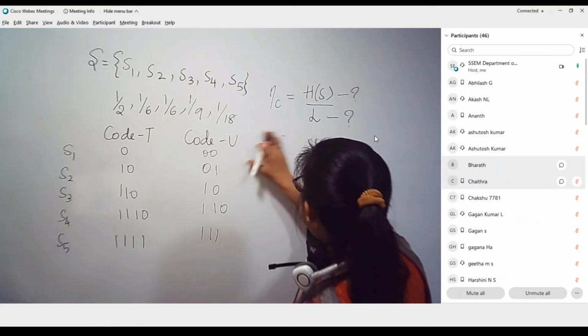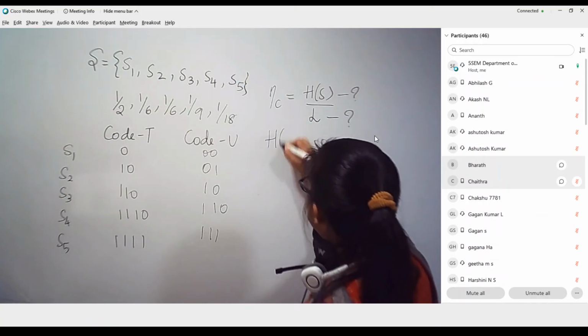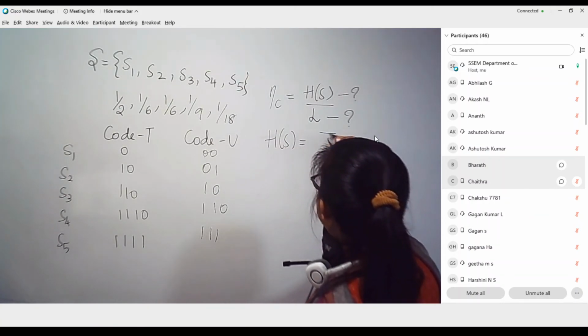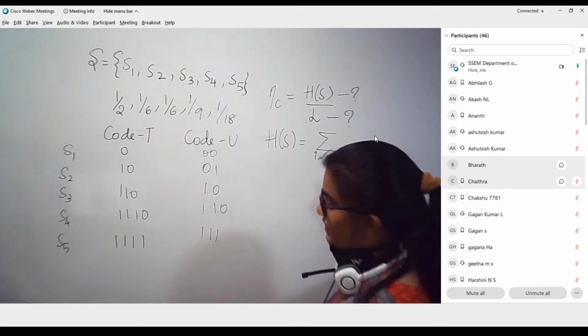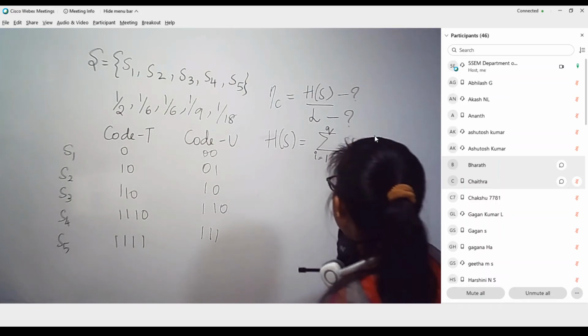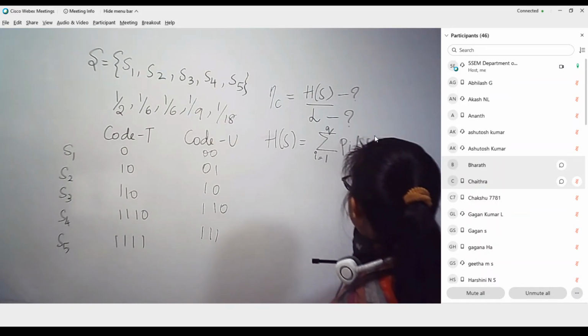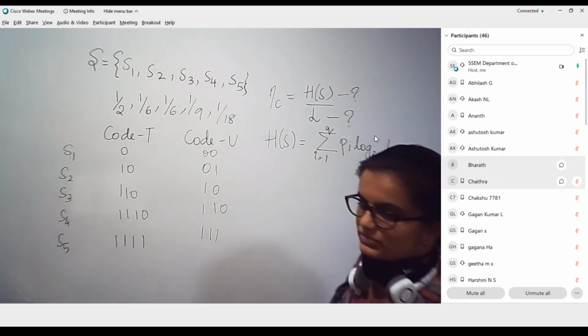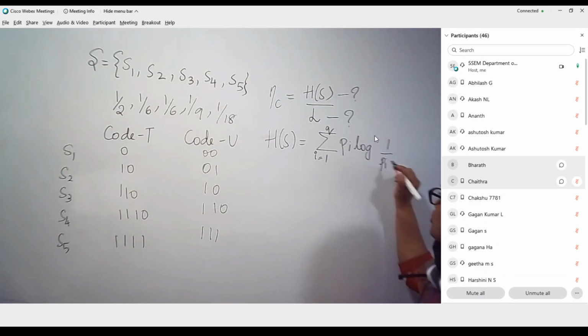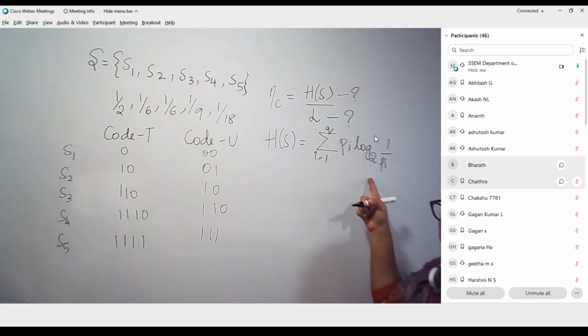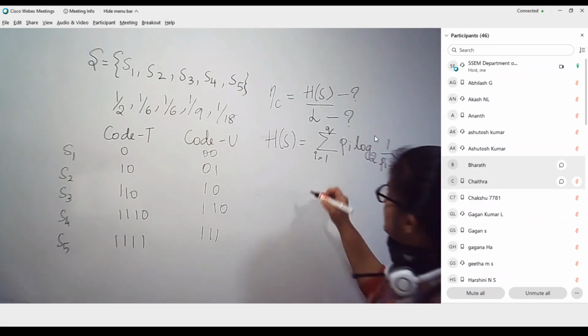First I will write the expression for HS. HS is given by the summation from i equal to 1 to q of Pi into log to base 2 of 1 over Pi. Unless the r value is changed, do not confuse; write it as logarithm to base 2 itself.